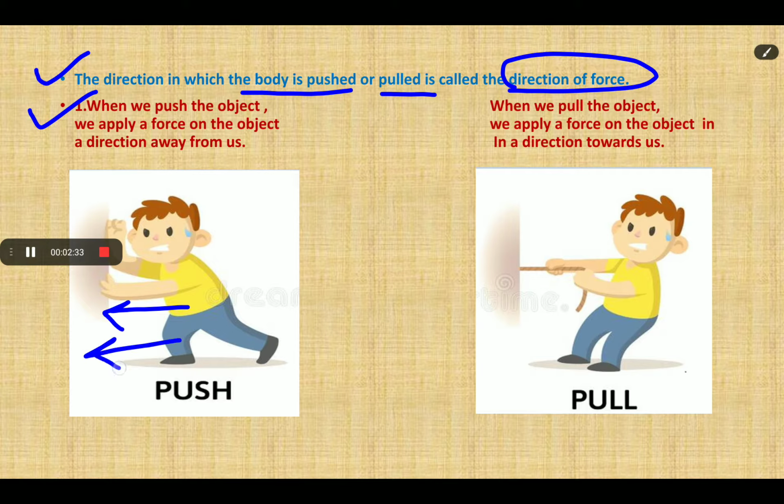And when we pull the object, it means we apply a force on the object in a direction towards us. So, the direction in which we are pushing or pulling the object is called the direction of force.